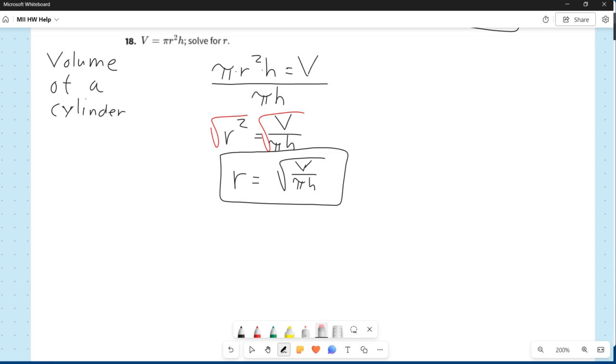However, if you did not include the plus minus because you just forgot about it and didn't know that you needed it from an algebraic perspective, that's less fine. So you can include the plus minus even though it's not necessary because it's volume, and we could go in circles talking about that for a while. But the point is, our technically correct answer for number 18 is r equals plus or minus the square root of v over pi h.